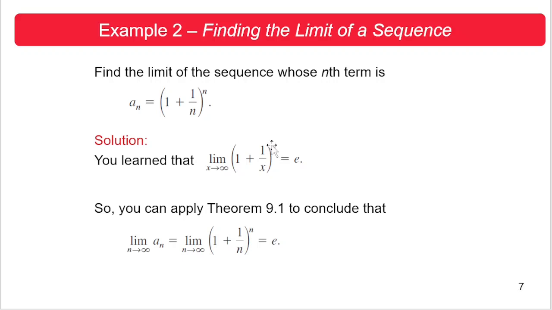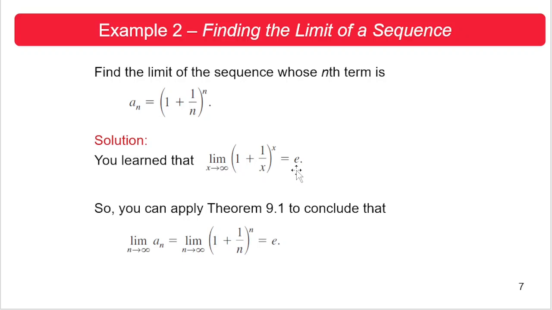But if you let this equal y, then you take the natural log of both sides, and then you apply the properties of the logarithmic function, and eventually you evaluate the limit of the function 1 plus 1 over x, the limit will eventually give us this value e.